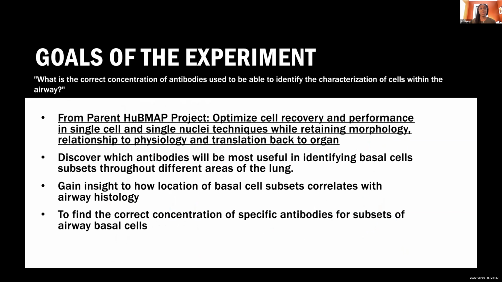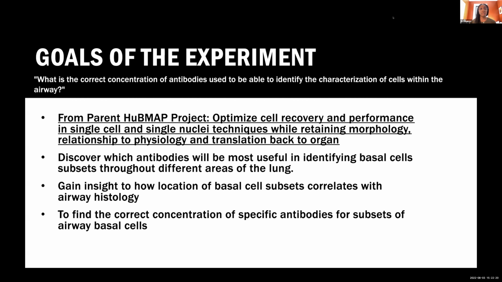So the goals of our experiment: my initial goal going in was to see what the correct concentration of antibodies could be to determine the characterization of the basal cell in the airways that we were using. The goal for the parent HuBMAP project is to optimize cell recovery in single cell and single nuclei techniques while retaining morphology, relationship to physiology, and translation back to organ.